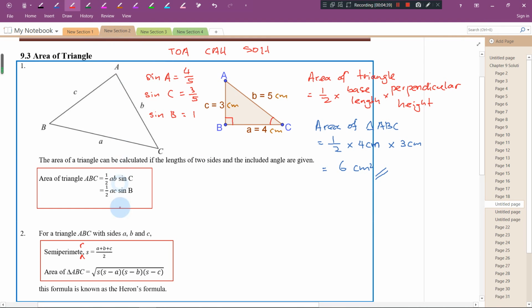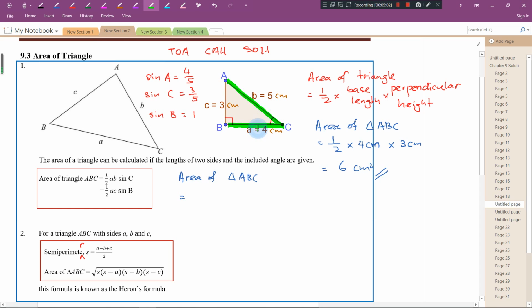Now let's use this method to get the area of this right angle triangle. Area of triangle ABC. Which sides do we want to use? How about we try this and this first.